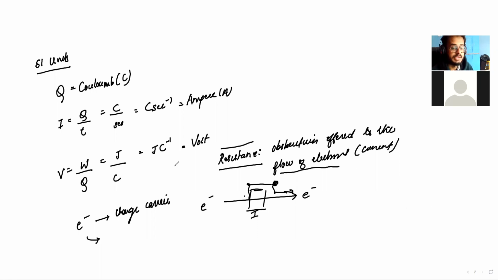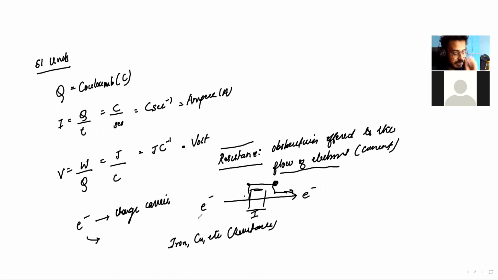Even the best conductors like iron and copper have resistance. It is a quantity that we cannot remove in our daily application. We can try to reduce it by using some methods which I'll discuss later, but we cannot completely remove resistance.